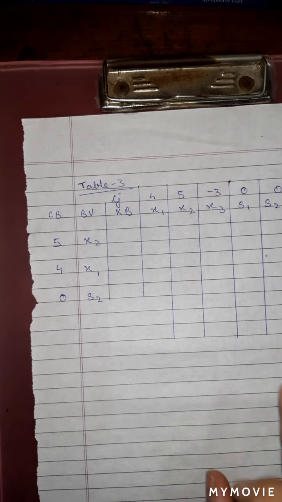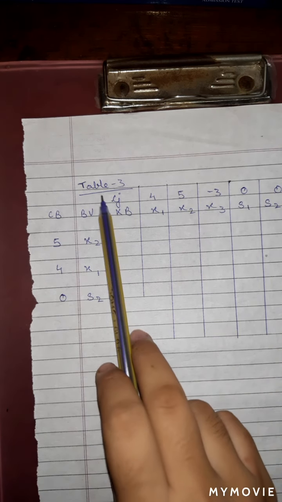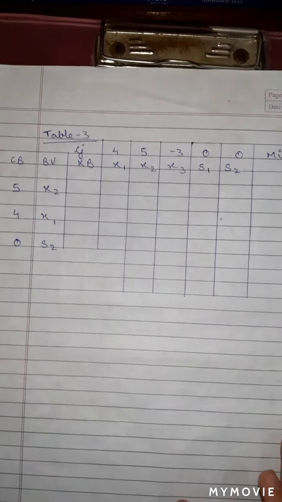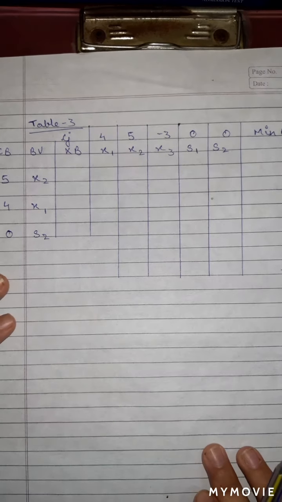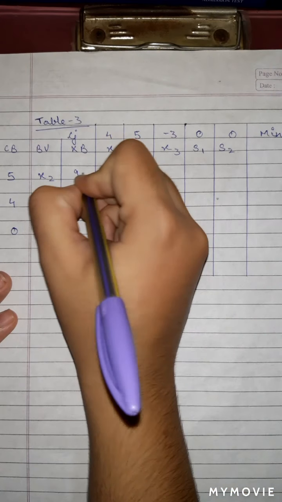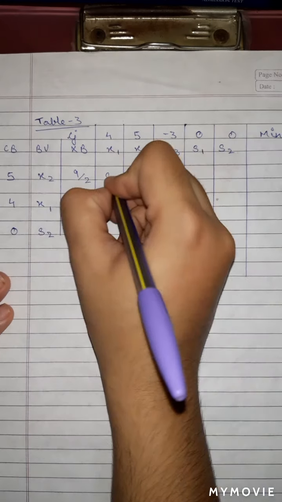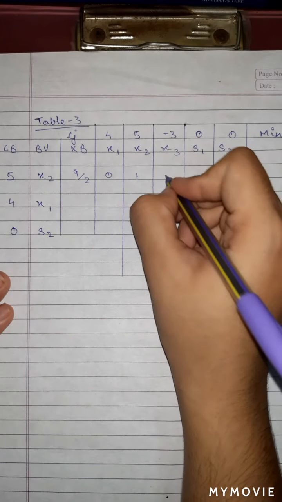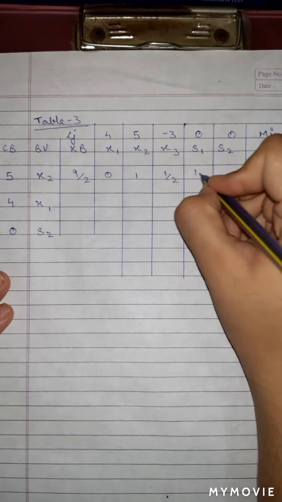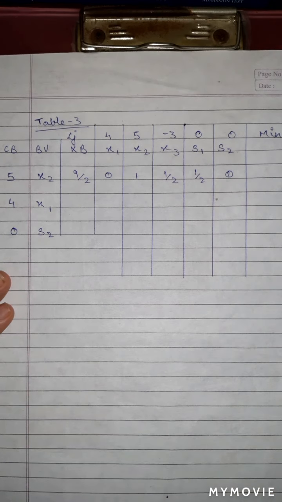Now how to calculate the values of table 3? They will be calculated in the same way we have calculated the values of table 2. So the values of table 3 are 9 by 2, as 2 was our key element, 0, 1, 1 by 2, 1 by 2 and 0.